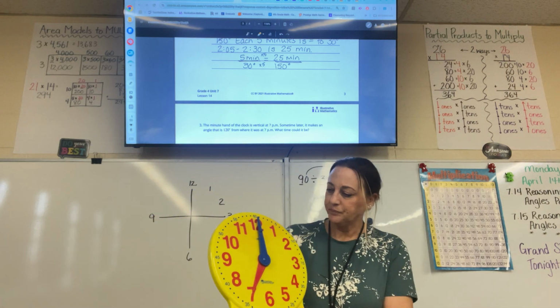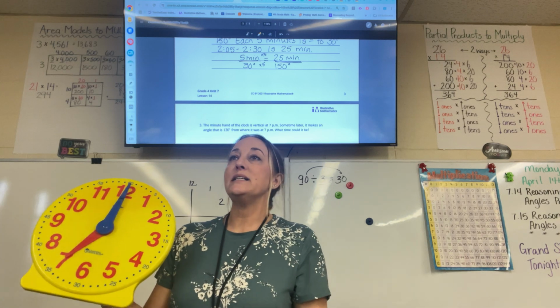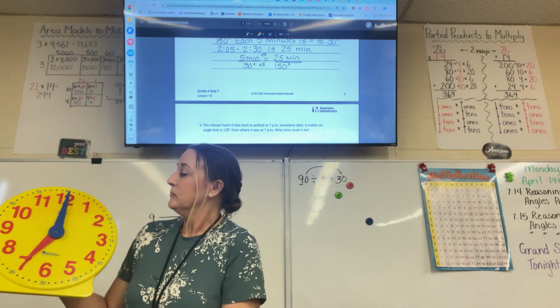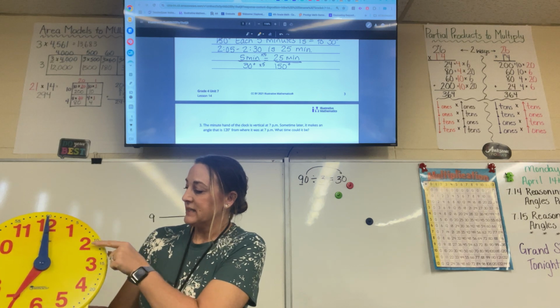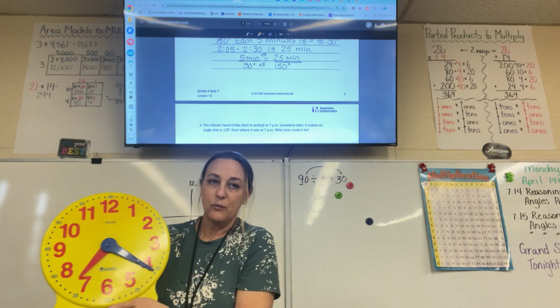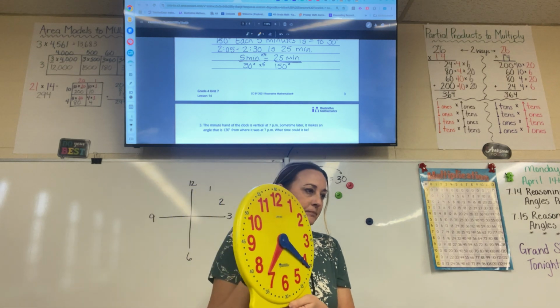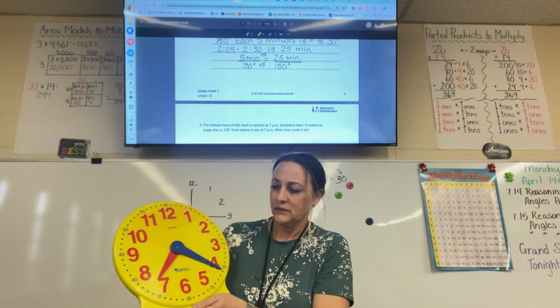If it makes a 120 degree angle, then that means it travels 30, 60, 90, 120. So that's one way. So what time is that? 7:20.